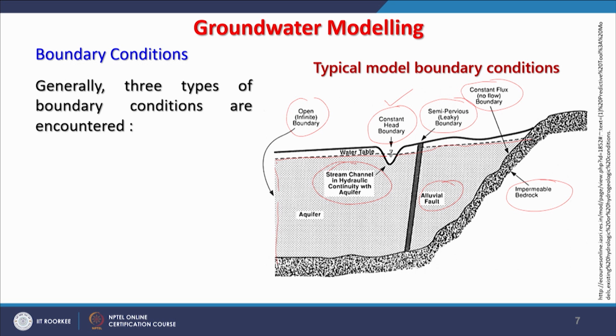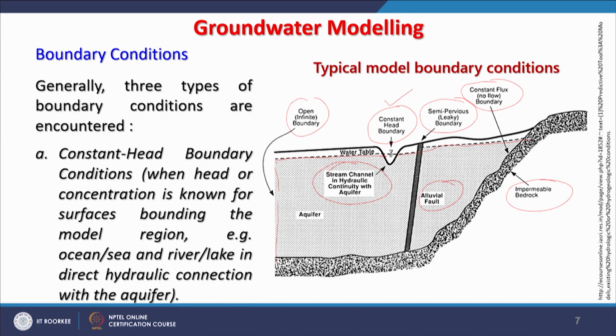So, three types of boundary conditions are encountered generally. First is the constant head boundary, as you have seen in the figure, when head or concentration is known for surface boundary model regions, for example ocean, sea, river, lake, having direct hydraulic connection with the aquifer. Slightly different boundary conditions will be there if we are working in a coastal area.